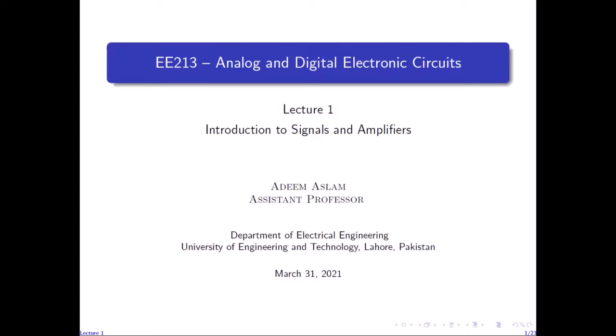So as the name suggests, analog and digital electronic circuits is the study of electronic circuits which analyze and process analog and digital signals. But prior to understanding the working of such circuits, I think it is imperative that we understand the signals themselves.